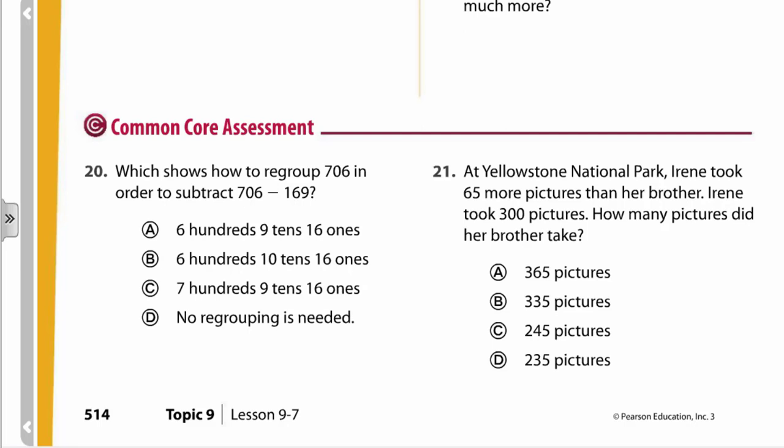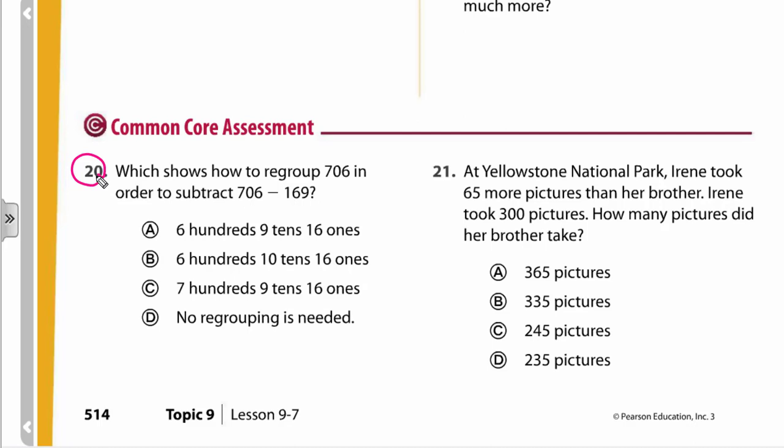We need to solve question number 20. Amir? Please read the question for us.